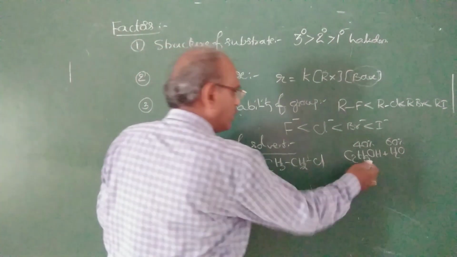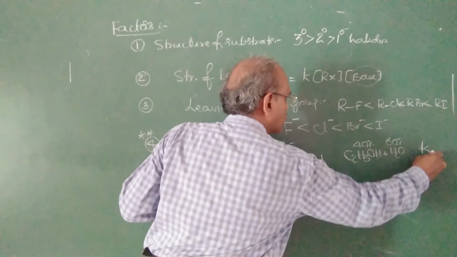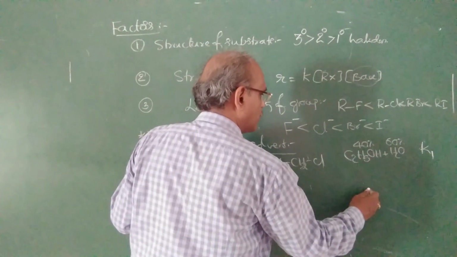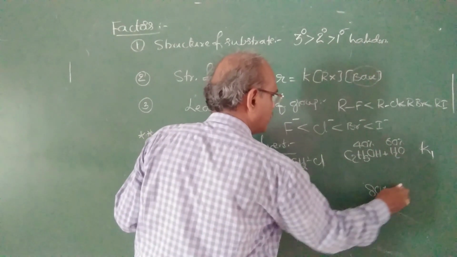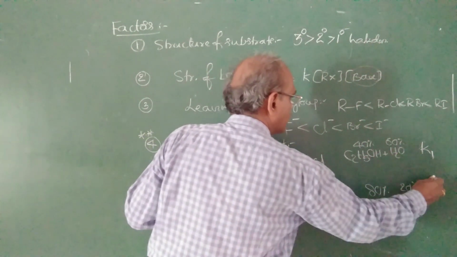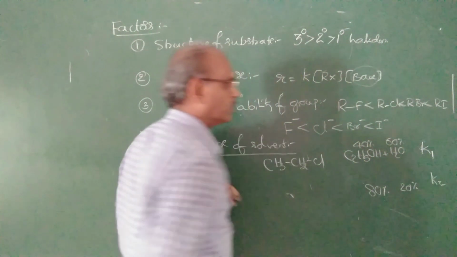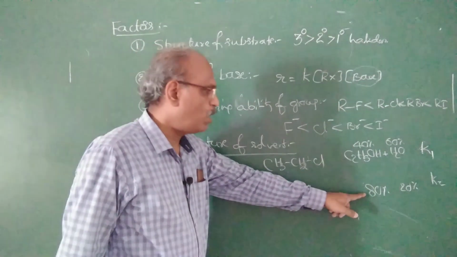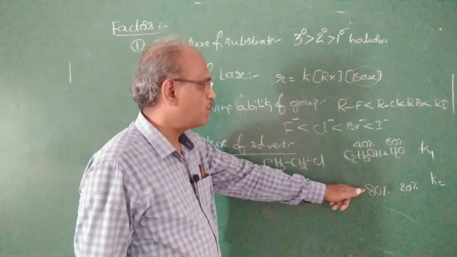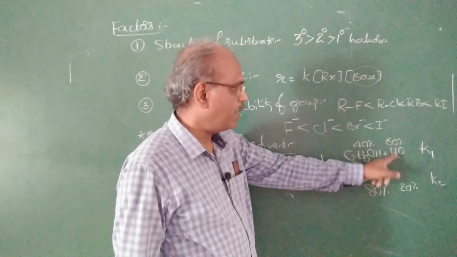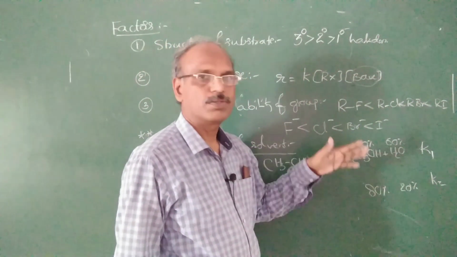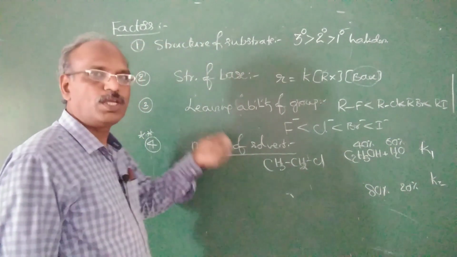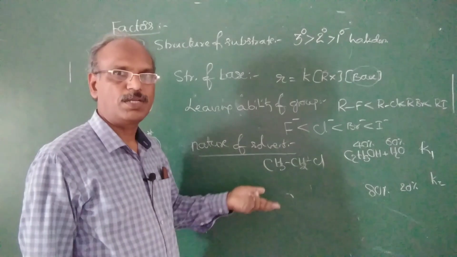That's why if you compare rates, say here K1, and this time say alcohol is 80% and water is 20%, K2. In this case the rate of elimination is more because the polarity of solvent decreases. If the polarity of solvent decreases, the rate of E2 elimination reaction increases.